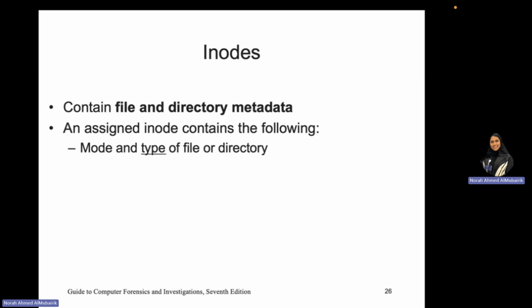How many links point to this file? Sometimes one file or one directory has more than one link. I'll give you this example. Now we have one course, digital forensic techniques and tools, but this is given to the fourth batch and the fifth batch.